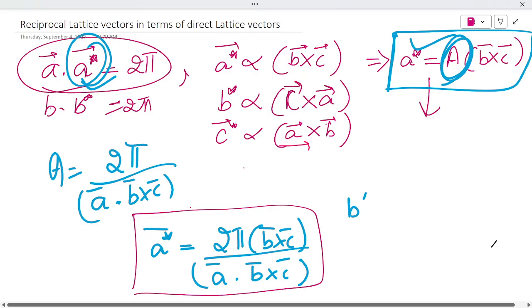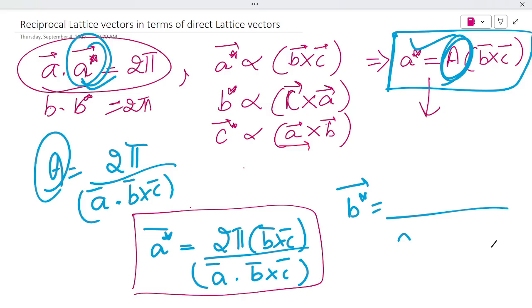So our B star will be, the denominator will be the same because the value of A will come the same for everything. So the denominator will be the same, that is A dot B cross C. But in the numerator, we know that B star has to be in the Y direction, Y oriented.